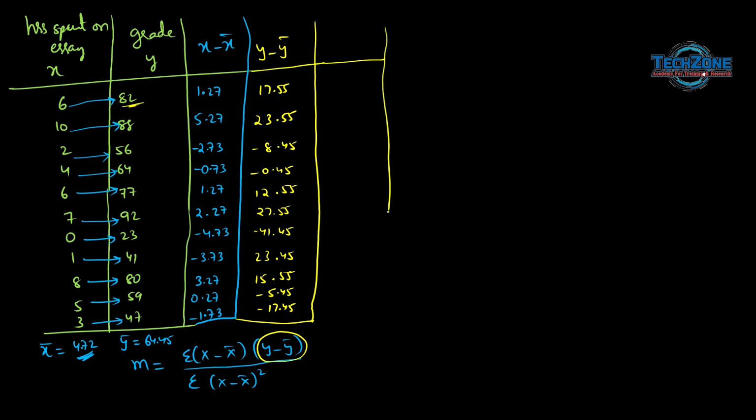In this column, we'll multiply x minus x bar by y minus y bar. So 1.27 and 17.55, multiplied, equal 22.33. The next one is 124.15, the multiplication of these two values.